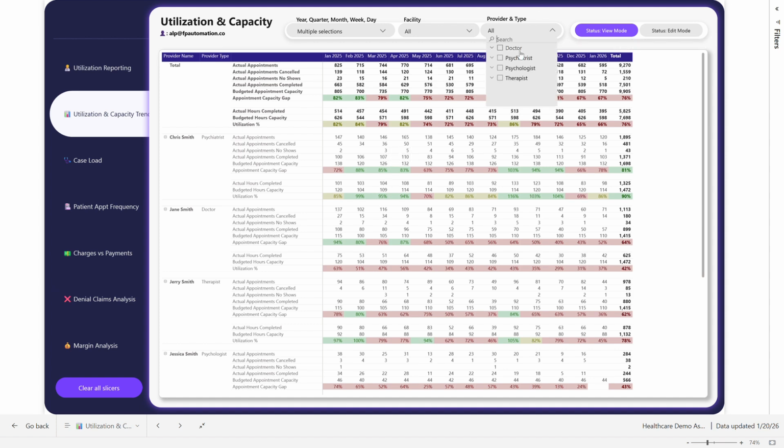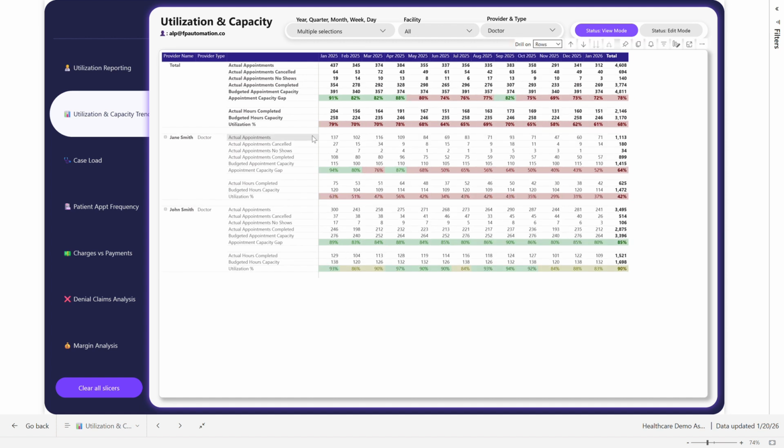So if we look at doctors, for example, we can look at our various different doctors here and see exactly how things are trending. For example, we can see right here that for this particular doctor, we have the actual appointments, in this case the appointments canceled, the appointments no-shows, and then of course the appointments completed.